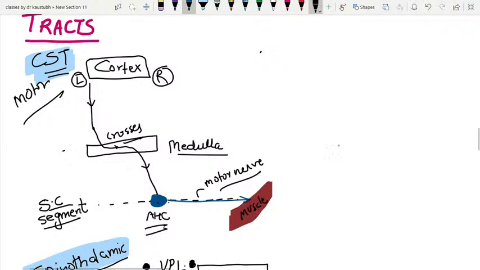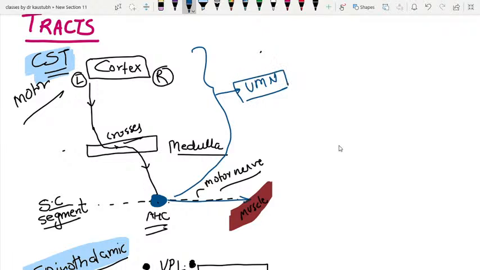So the basic concept to understand here is that up till the nerve, the corticospinal tract which ends at the anterior horn cell will be called the upper motor neuron, UMN, whereas your anterior horn cell and the motor nerve will be called the lower motor neuron.